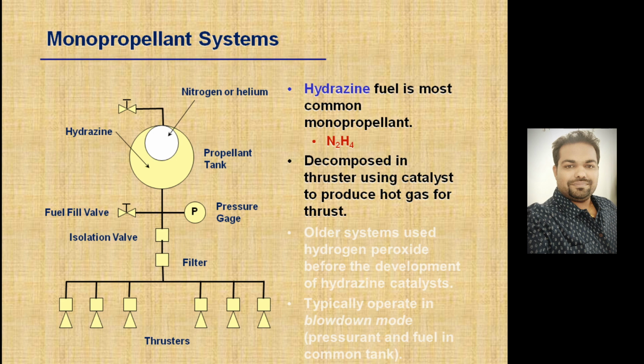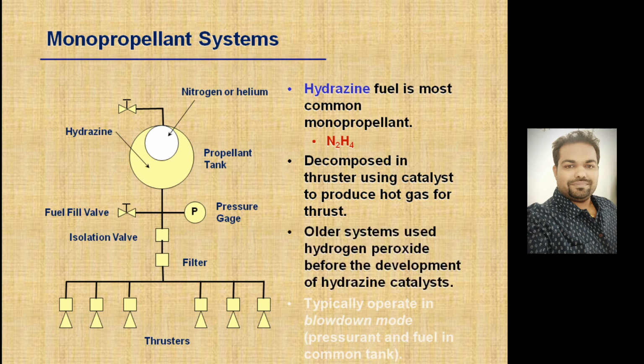So hydrogen is the fuel, this is the most common use, and the monopropellant formula for it is N2H4. It is decomposed in the thruster using a catalyst to produce hot gas for thrust. Older systems used hydrogen peroxide before the development of the hydrazine catalyst.